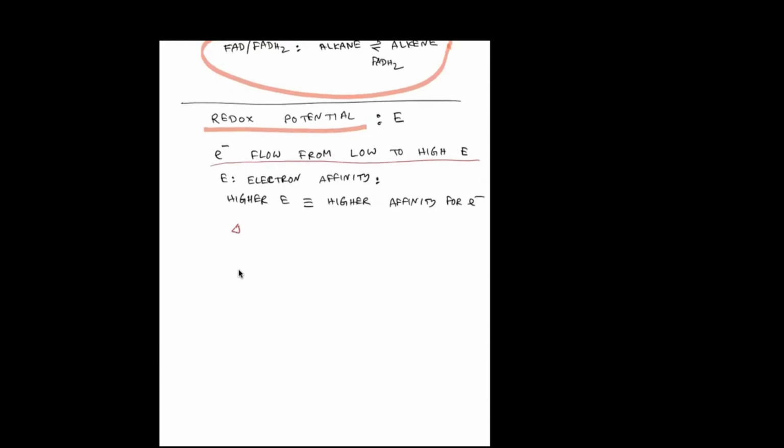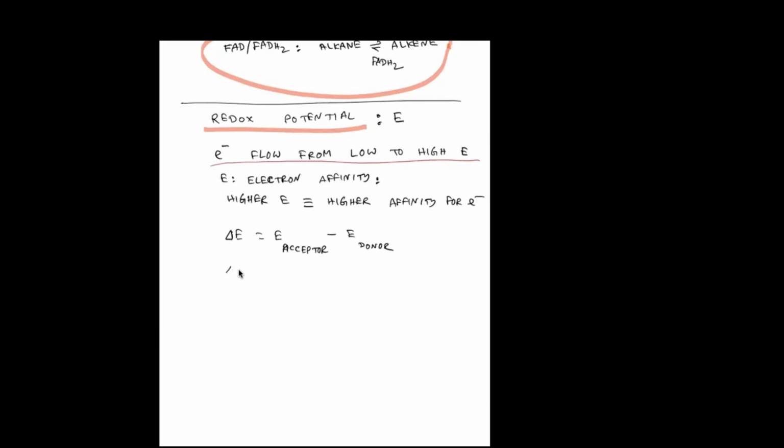So delta E, we have quite a bit of math for this concept. Delta E is going to be E acceptor minus E donor, right?